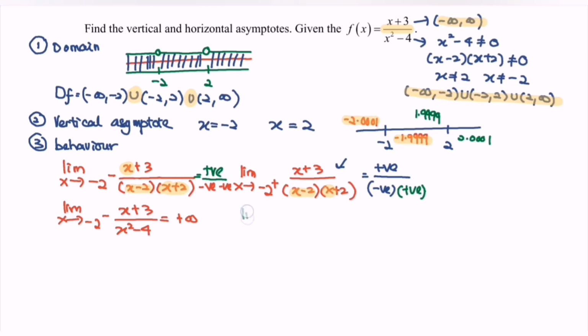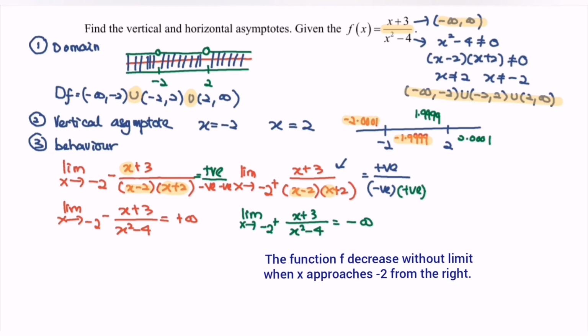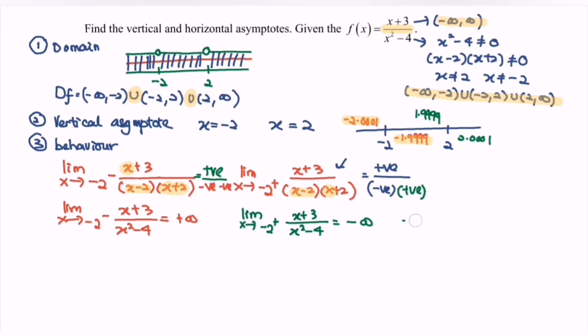So the limit when x approaches negative 2 from the right for the function (x + 3)/(x² − 4) will be negative infinity, meaning that the function f decreases without limit when x approaches negative 2 from the right. So that would be the vertical asymptote, x equals negative 2.